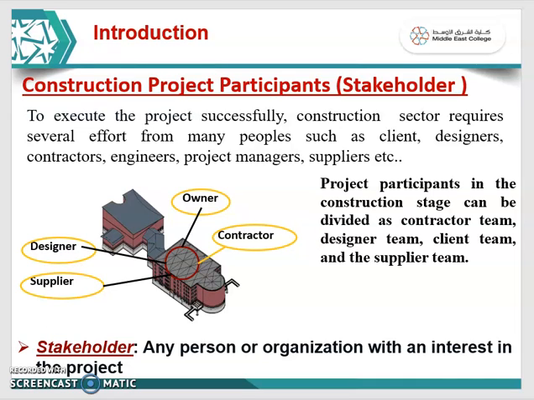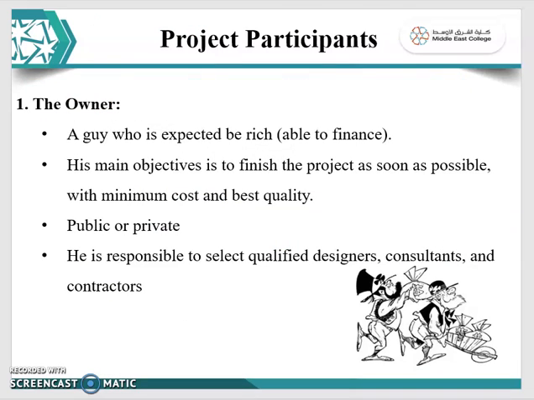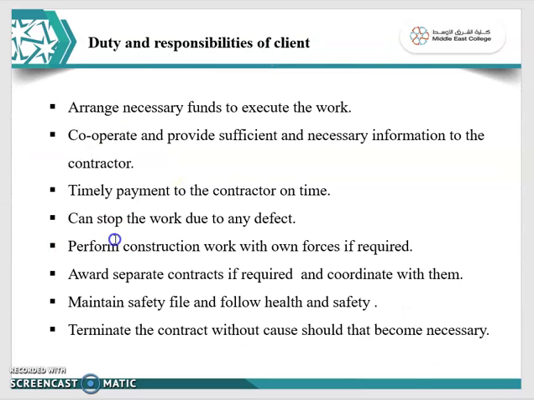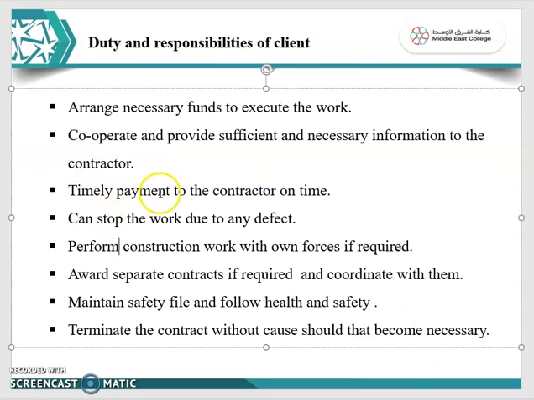There are some project participants, generally called the owner. I will explain one by one. The owner is a person who owns the property and the project. The duties of the client are to execute the work and to make timely payment to the contractor.